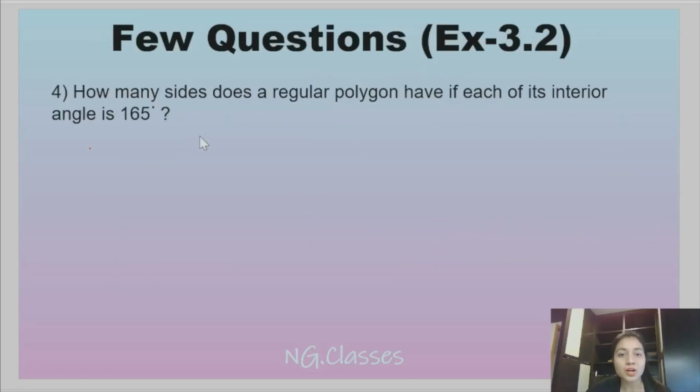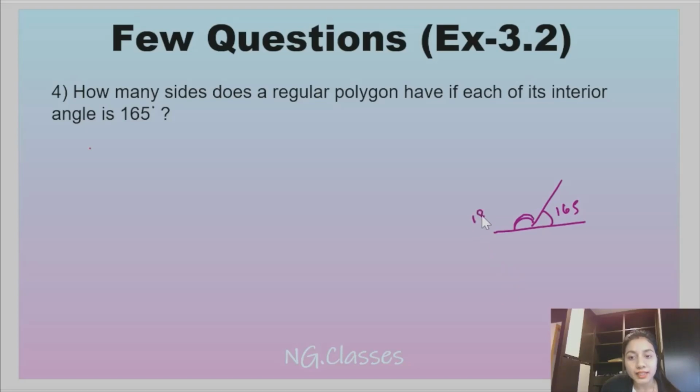So here in our question we are having a regular polygon. What's a regular polygon? Any polygon which is equiangular and equilateral, and here each of its interior angles is 165 degrees. If each of its interior angles is 165 degrees, then what will be the exterior angle?